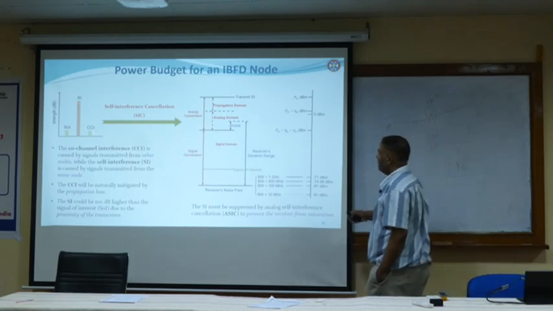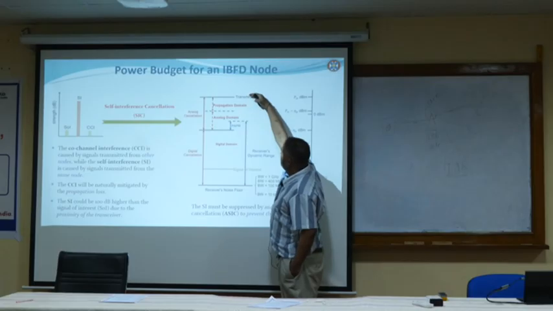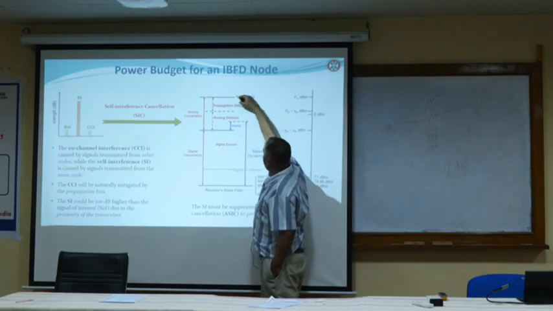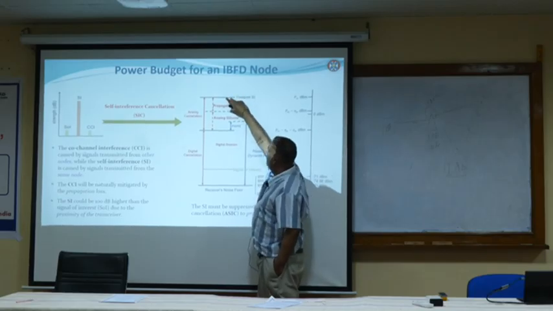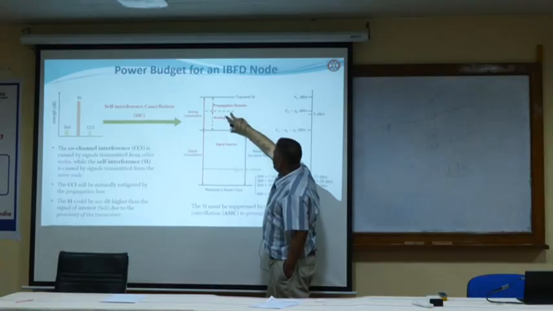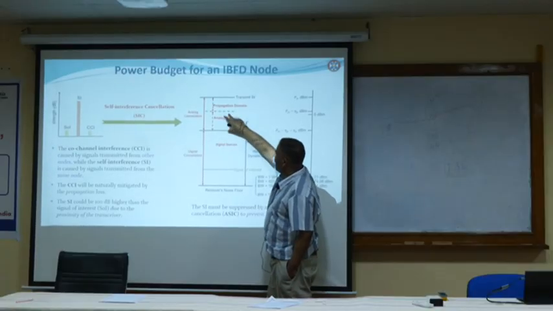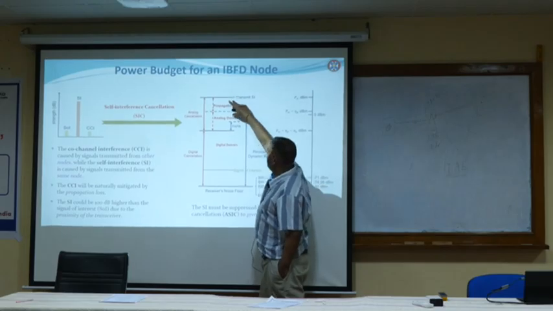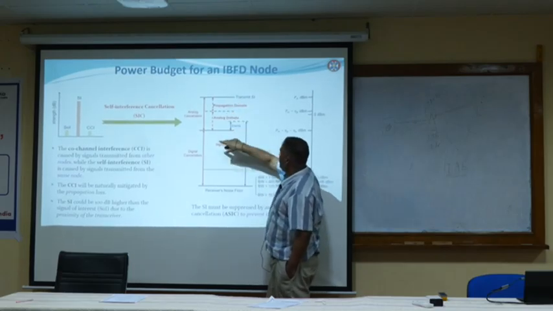This is the transmitted power from the transmit antenna, and you cancel some of the self-interference in the propagation domain. Then you cancel the remaining self-interference in the analog domain.